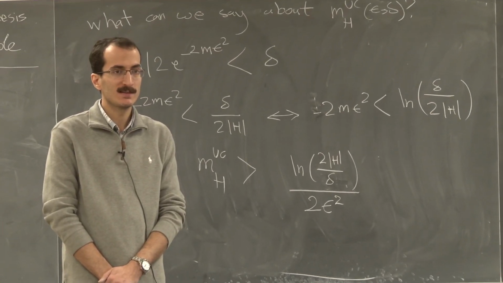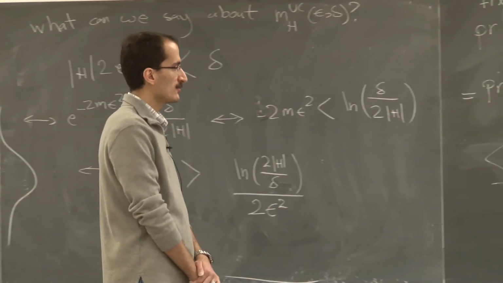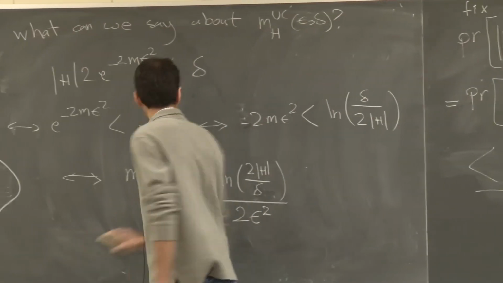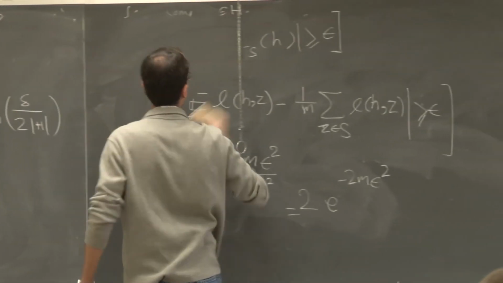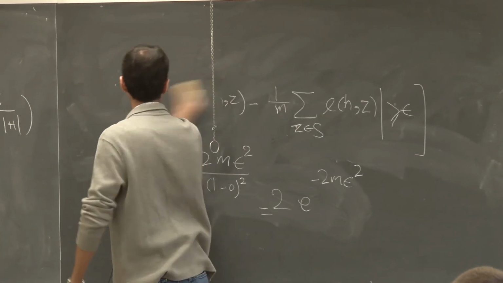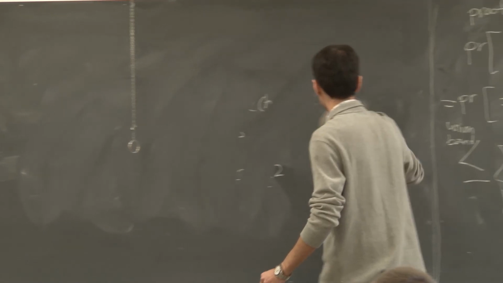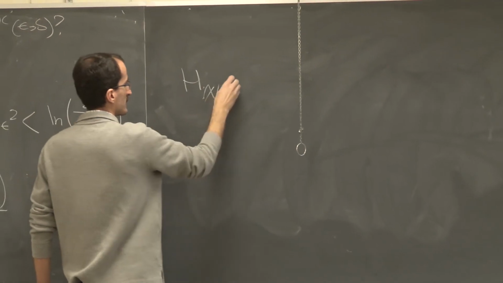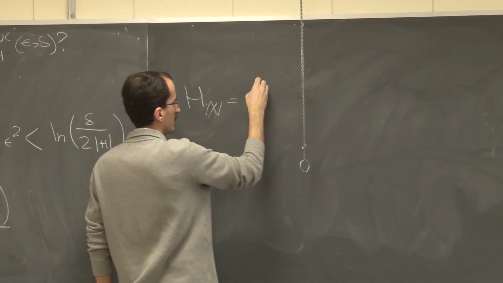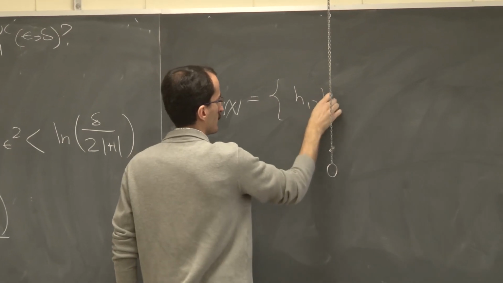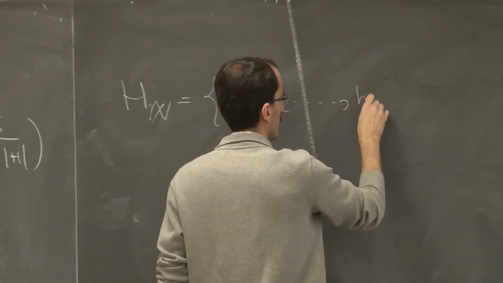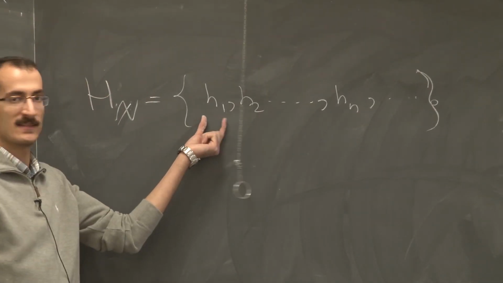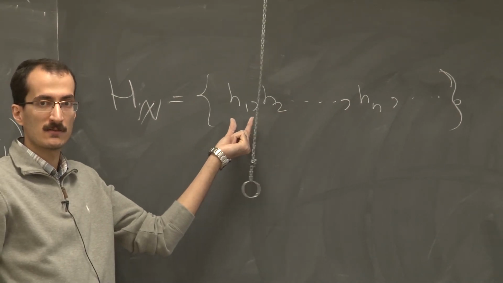Assume that you want to do it for an infinite hypothesis class. So I have some infinite hypothesis class, like h1, h2, up to hn, and it keeps going. I can bound the probability that this one fails, I mean, that its true error is not close to its empirical error.